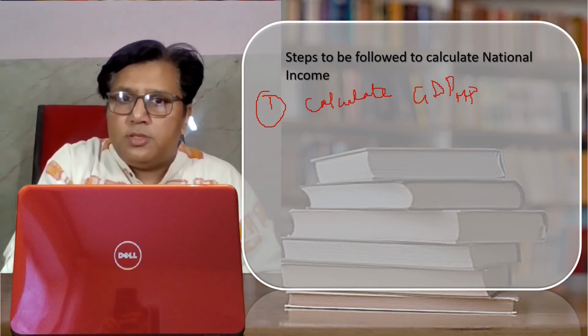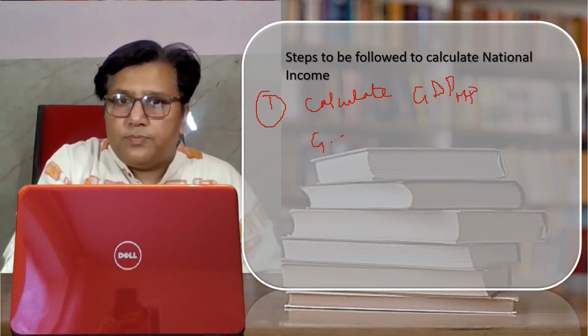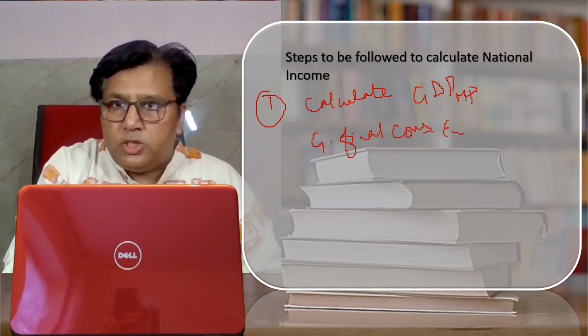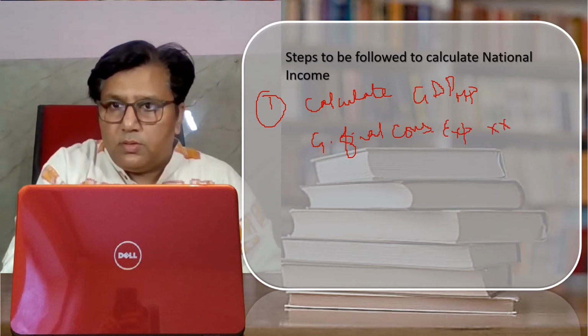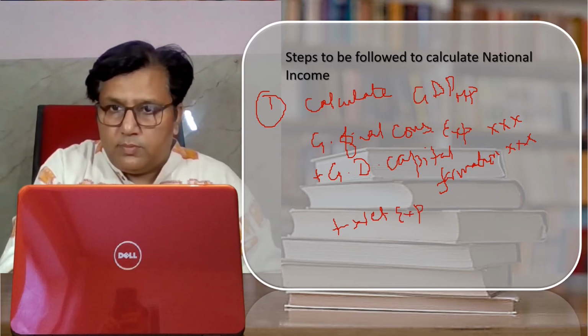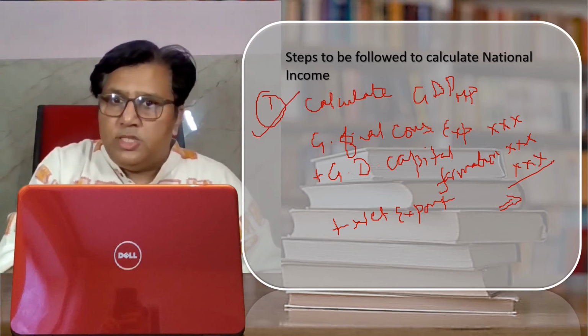By the summation of three items, that is gross final consumption expenditure plus gross domestic capital formation, third is net export. So the first step is calculate the GDP-MP.